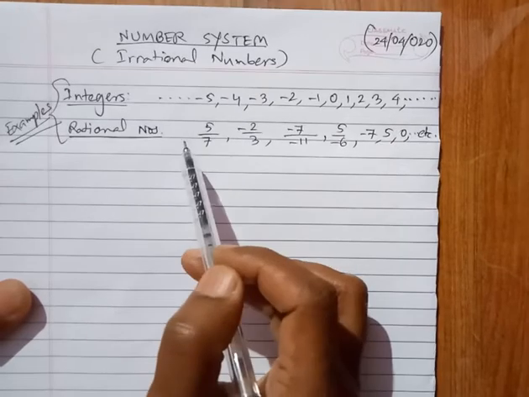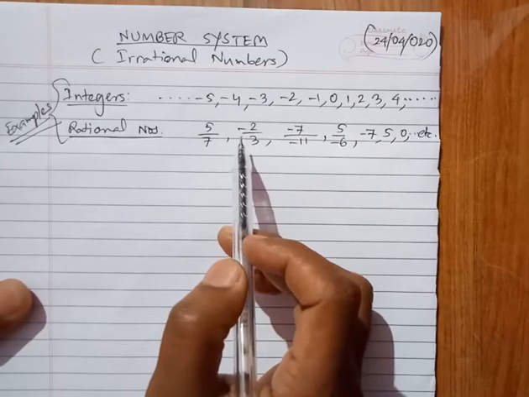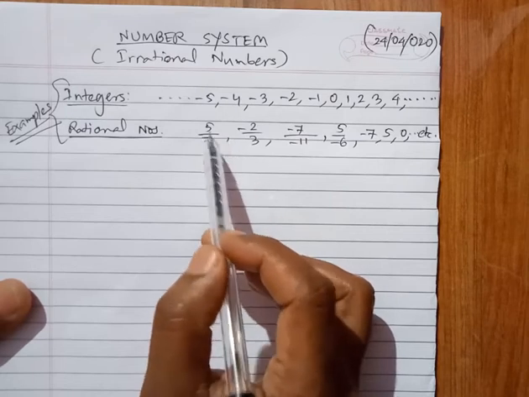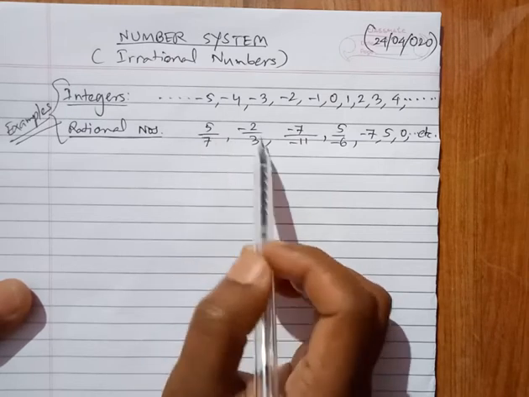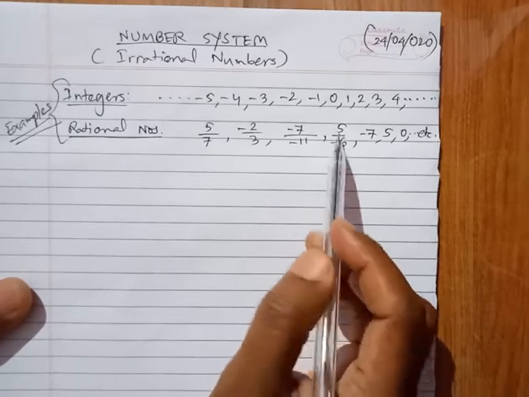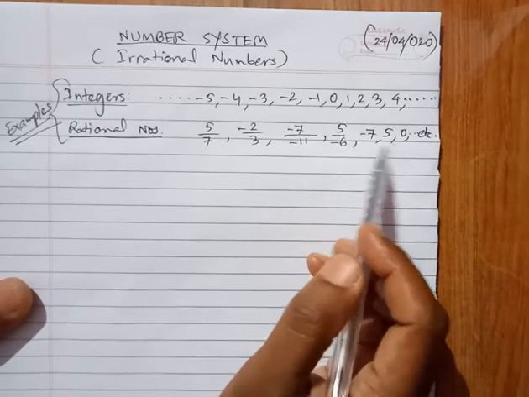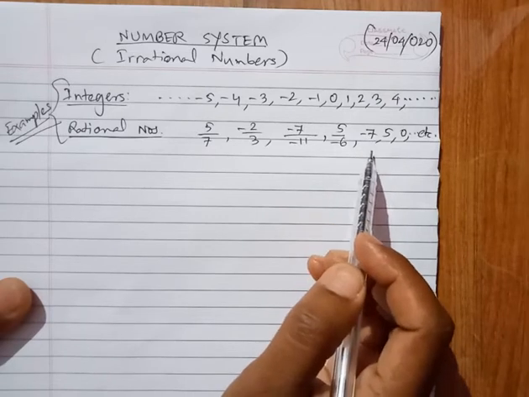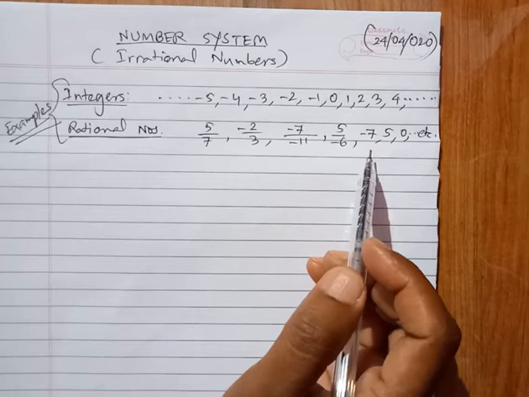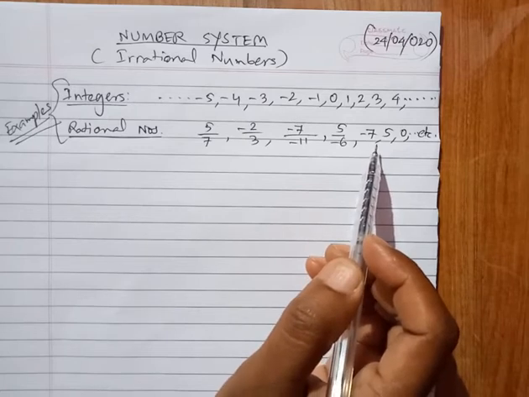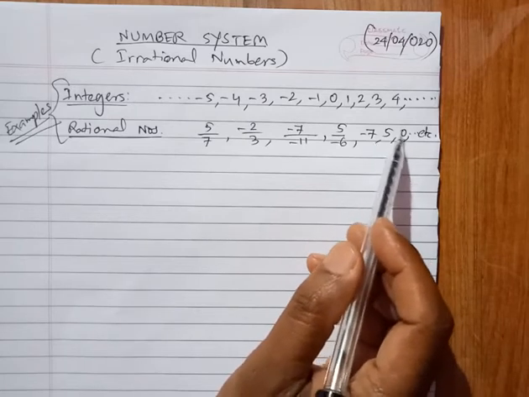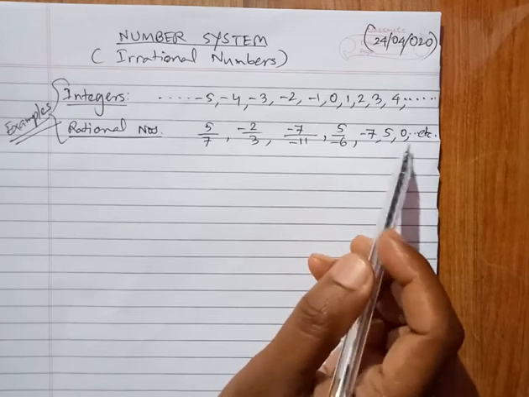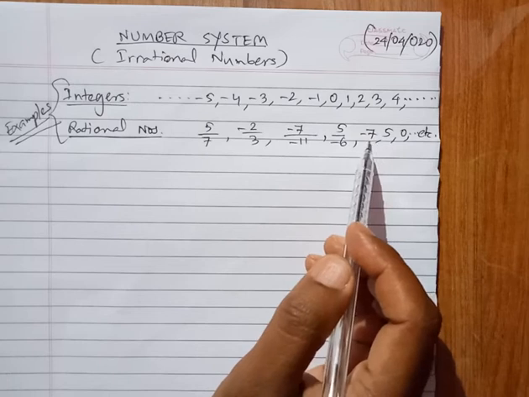And next we also learned about rational numbers. Rational numbers means the numbers which are in the form of numerator by denominator, for which we normally use the symbol p by q or a by b. Here you see all the numbers are in the form of numerator by denominator, and these are not in that form. But even then, if there is no denominator, then we always take the denominator as 1.